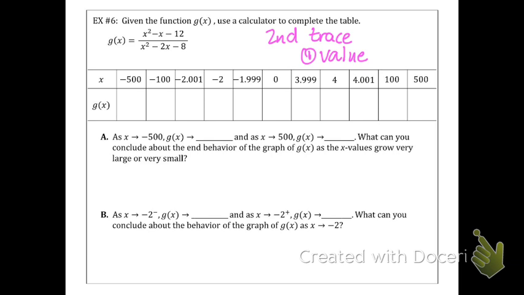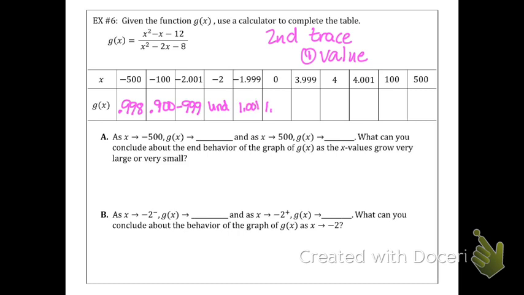All right, so when I go in and I look at x is negative 500, I get 0.998. When x is negative 100, I get 0.900. When x is negative 2.001, I get negative 999. At negative 2, it tells me it's undefined. It says error. Negative 1.999, it tells me 1.001.